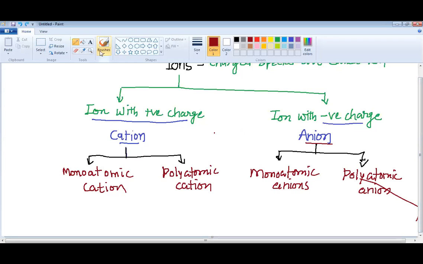Very good. Let us go ahead and understand in a little more detail. We have monoatomic anion and polyatomic anion. Now let us write their examples. Let us look at the textbook and then we will write the examples for them.